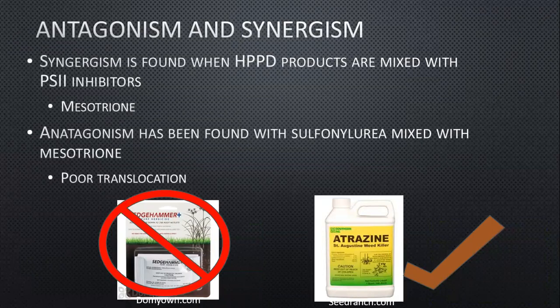So we do have a case of synergism. People commonly tank mix these with PS2 inhibitors, specifically atrazine. And I actually read in a paper that the best one was mesotrione with atrazine. And then antagonism was found to be with sulfonylurea and mesotrione, due to poor translocation.